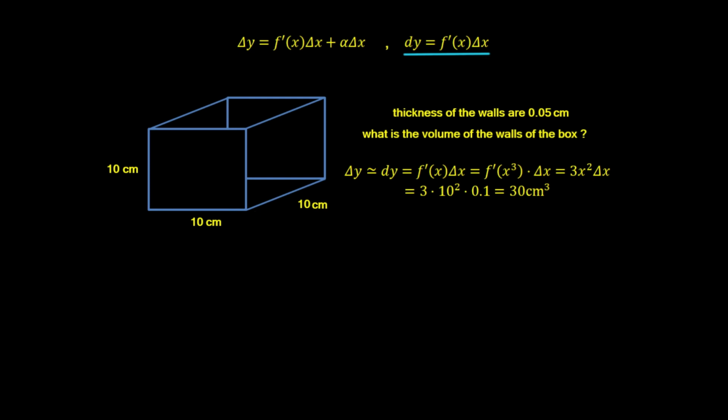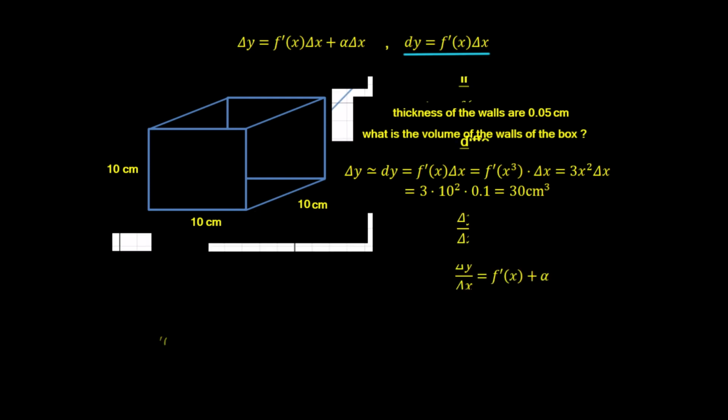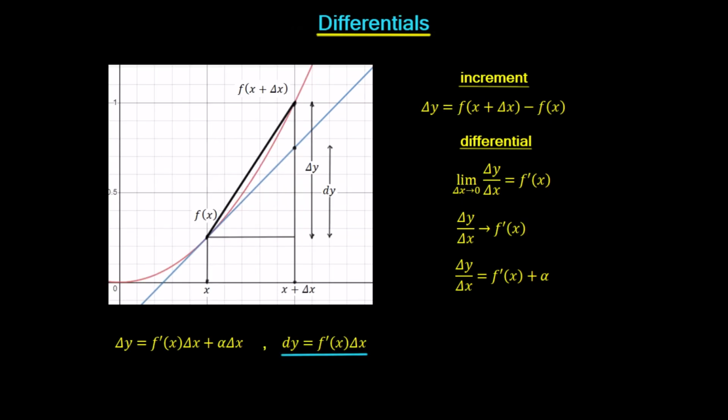So that would mean, for example, if we were to compare it to what we've seen before, in effect, instead of having a function which would be a curve like this, our function would actually be a straight line. So if our function is actually a linear function, that would mean that our increment here would be the same as our differential.